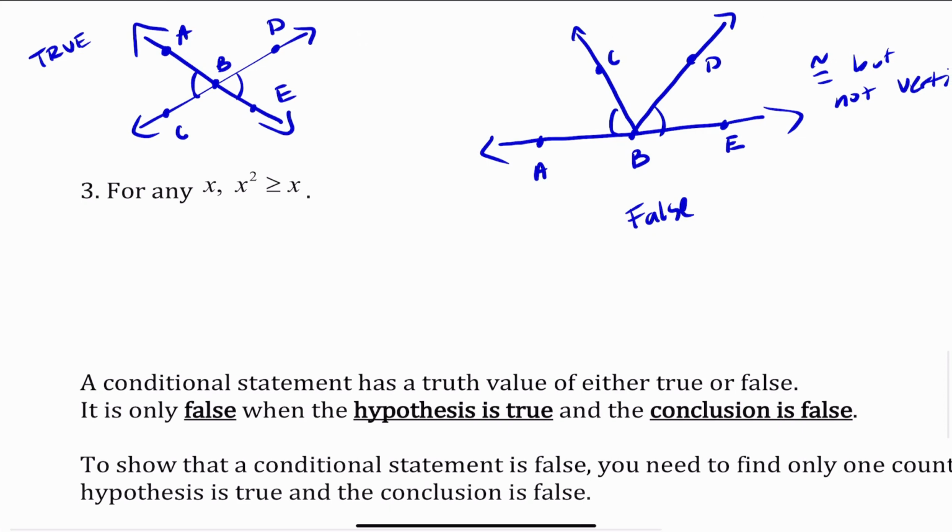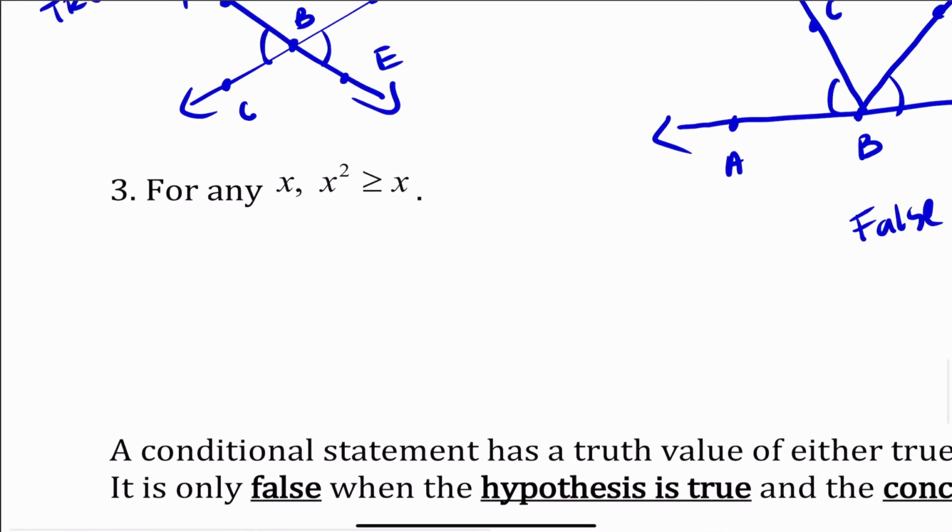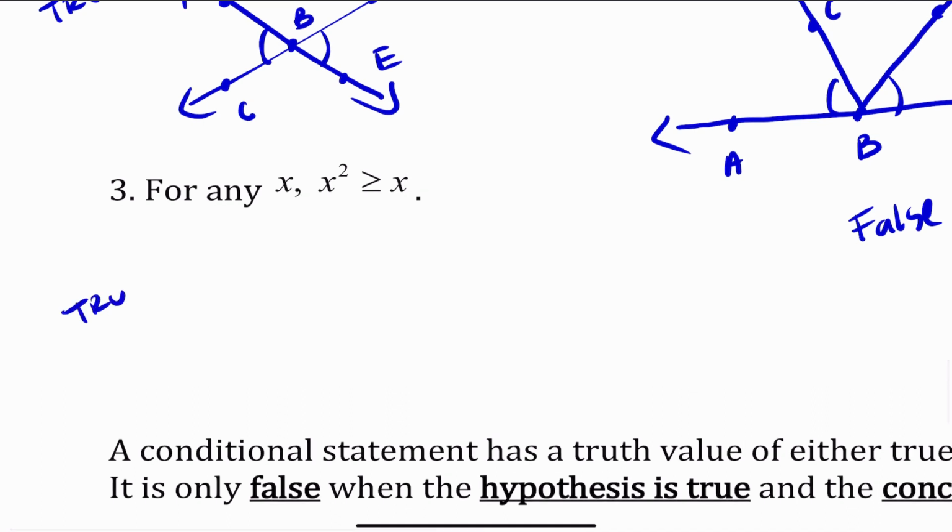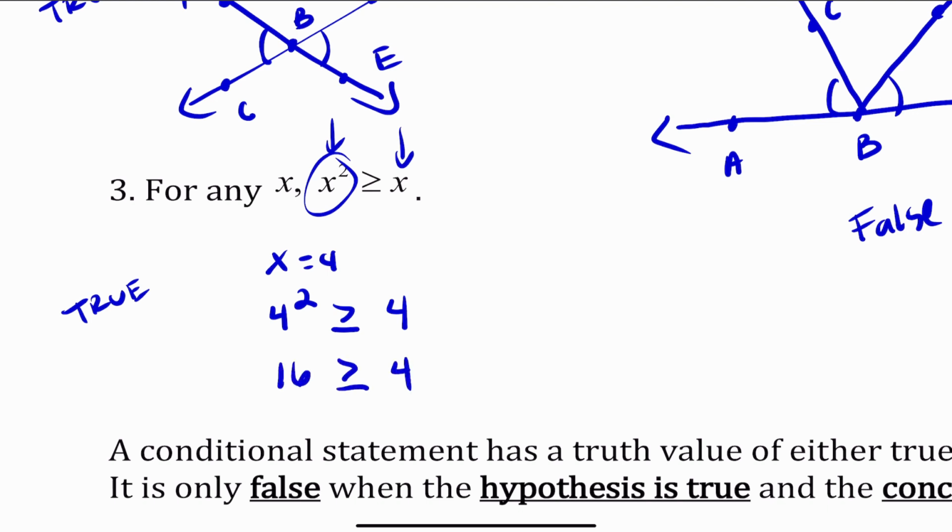For any x, x squared is greater than or equal to x. So let me go ahead and show you the true part. So let's say x is equal to 4, then I will plug in 4 squared is greater than or equal to 4. 4 squared is 16, greater than or equal to 4.